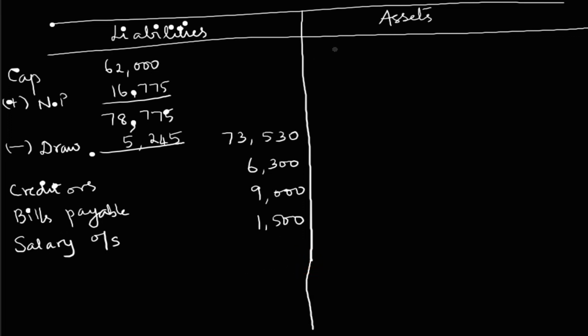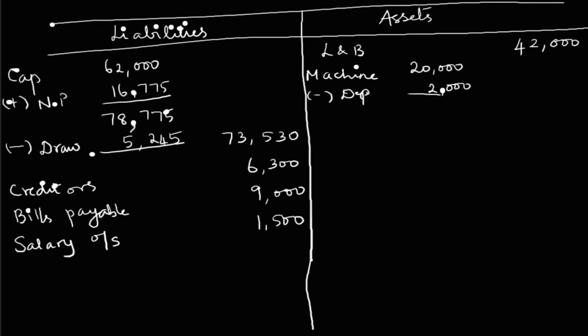Let's move to the asset side. Assets, land and building. No depreciation, nothing, so you can directly post it. Machinery, you have depreciation, so you have to adjust it. Deduct depreciation. Then you have patents.